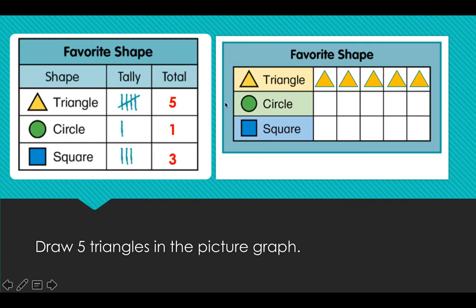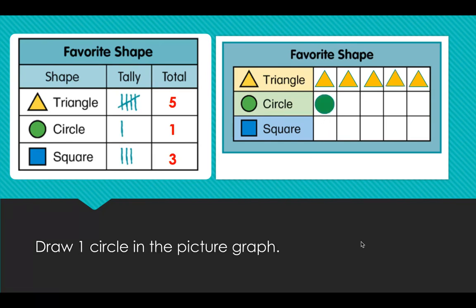Now I am going to take a look at circle and see how many total people chose a circle as their favorite shape in my tally chart. I see only one person chose circle as their favorite shape. So I am going to draw one circle. Draw one circle in the picture graph.